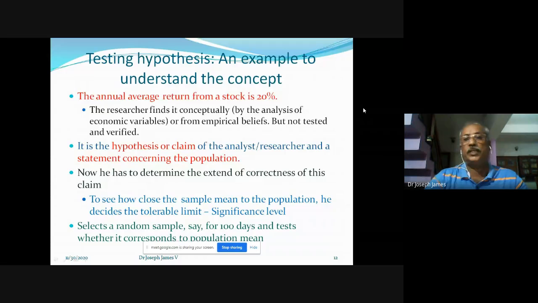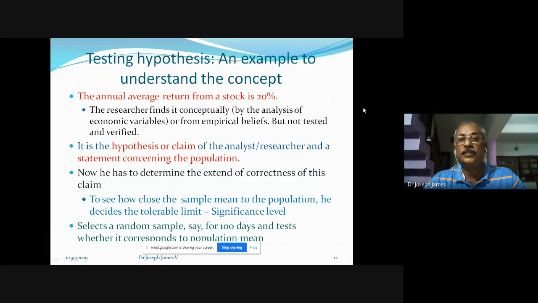Then, in testing hypothesis, there are different stages. It can be explained by means of taking an example. Annual average return from a stock is 20%. And this is actually a statement regarding the population.